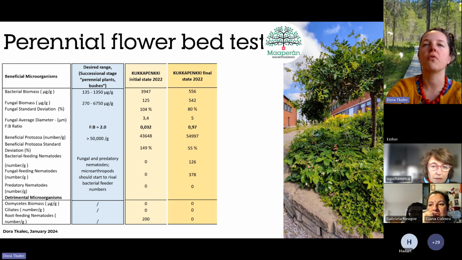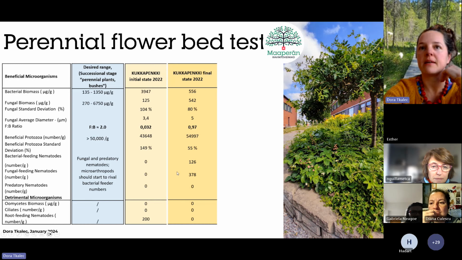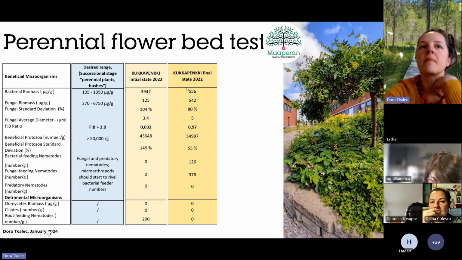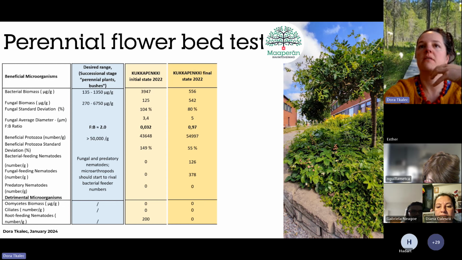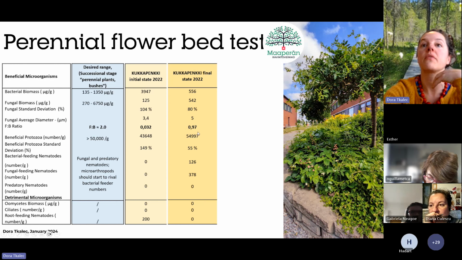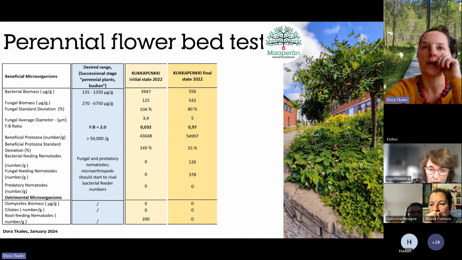But after 4 applications of compost extract, by adding protozoa and nematodes that were eating all the bacteria, we managed to lower this number significantly, and we also inoculated the soil with enough fungi that lived. So the fungal to bacterial ratio became almost balanced, which is a very surprising result that we had.